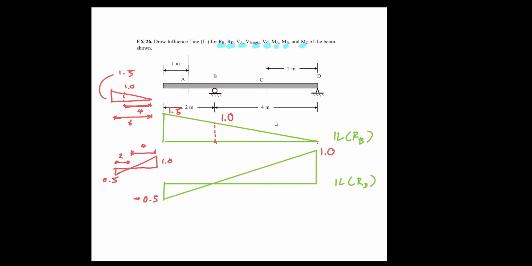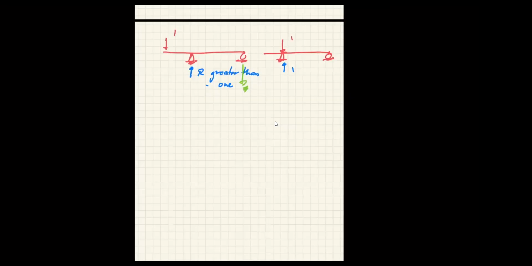So A is 1 meter from the free end. I want to know the shear here this time. So I am going to allow the shear there to go free.